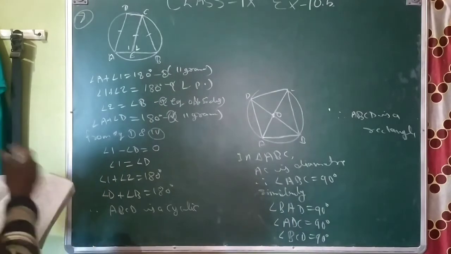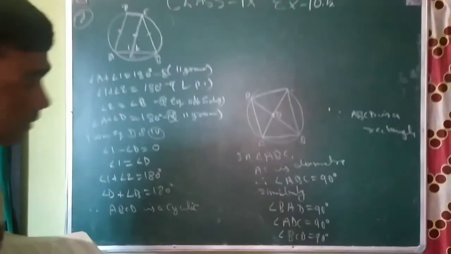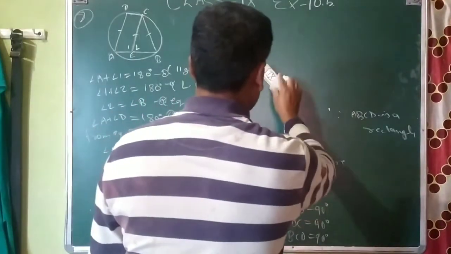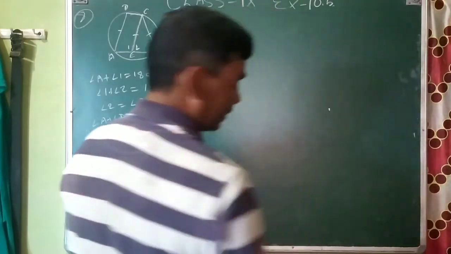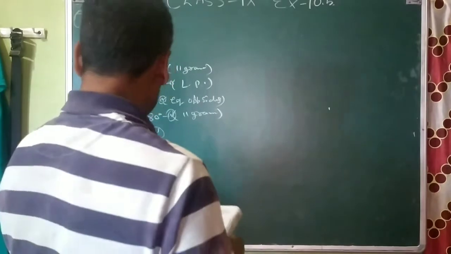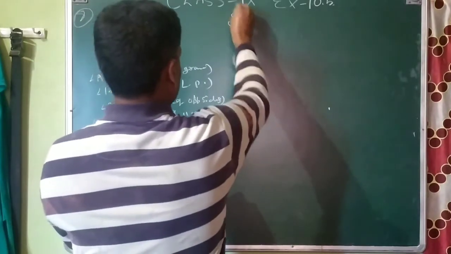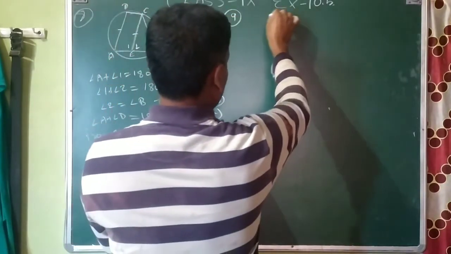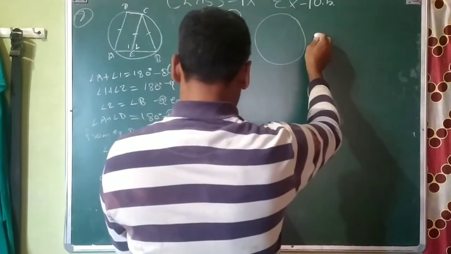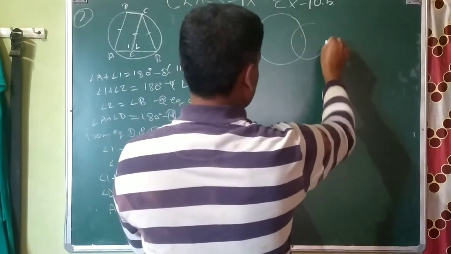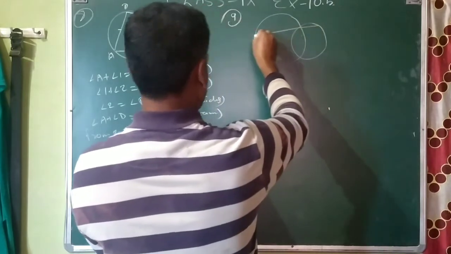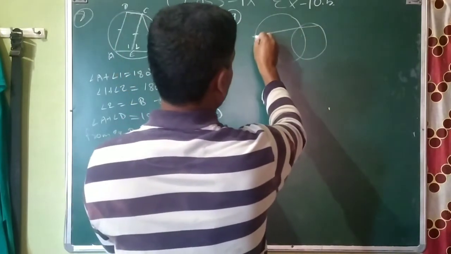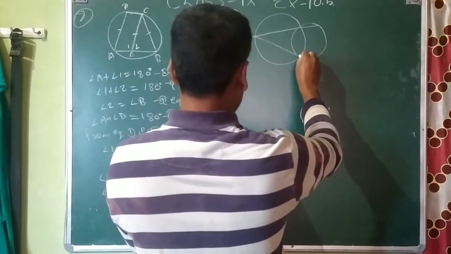Now the question number 9, that is the only puzzle diagram given here. Ninth question, one bigger circle and one small circle are given.